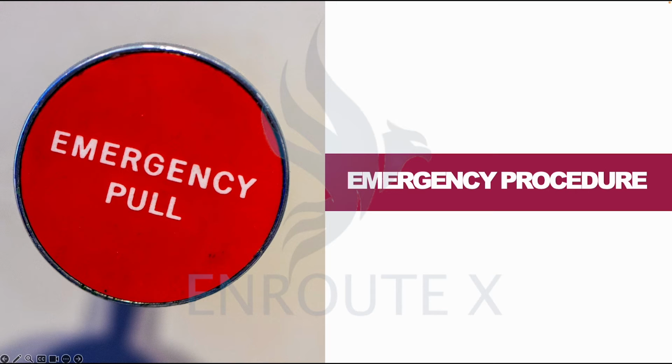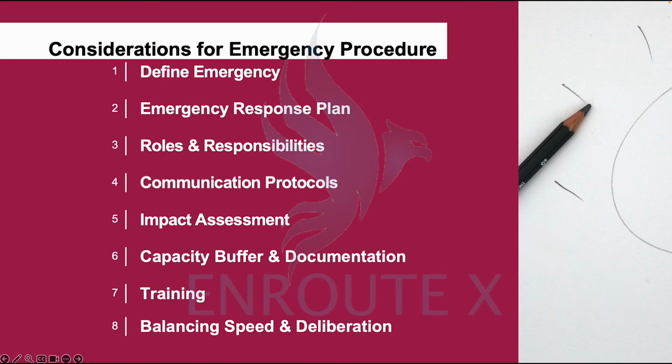So let's look at some of the considerations quickly, so this class will not be too lengthy. First, you want to define what an emergency is. Not every situation will be taken for emergency. You need to determine what your emergency is.